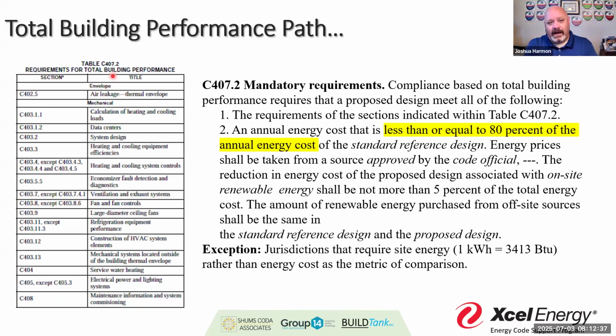What it is is that the prescriptive path has a baseline reference standard that goes back to 2009. So we're trying to be 20% better than we were in 2009. I think that sometimes can be confusing in how we scope and think about these projects. But remember, what we're looking at is, how does this building perform dollar for dollar versus that reference standard?